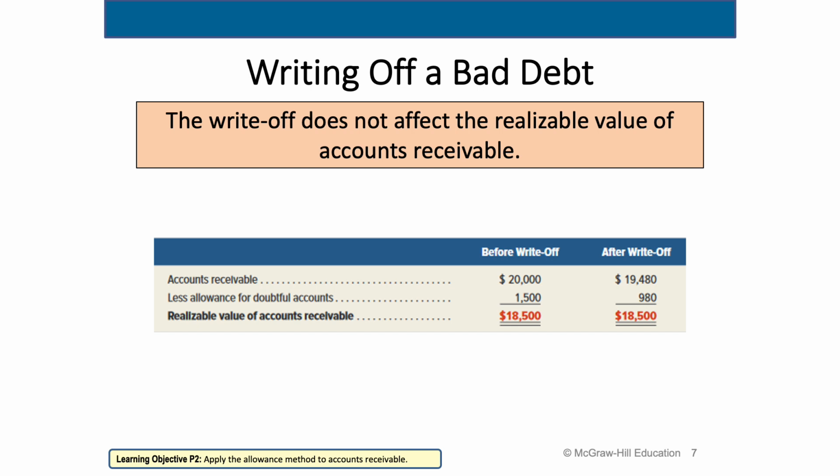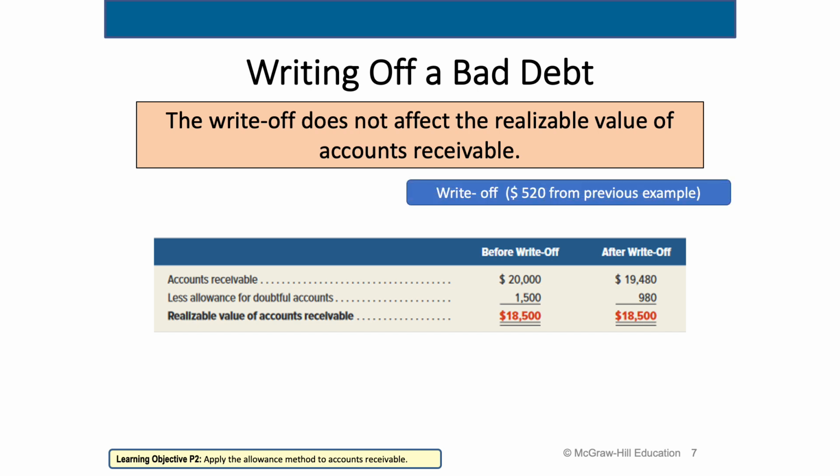Let's see here, before the write-off, the accounts receivable was 20,000, less the allowances for doubtful accounts 1,500. So we say the net accounts receivable is 18,500. Now, in the previous example, we said that we write off 520.